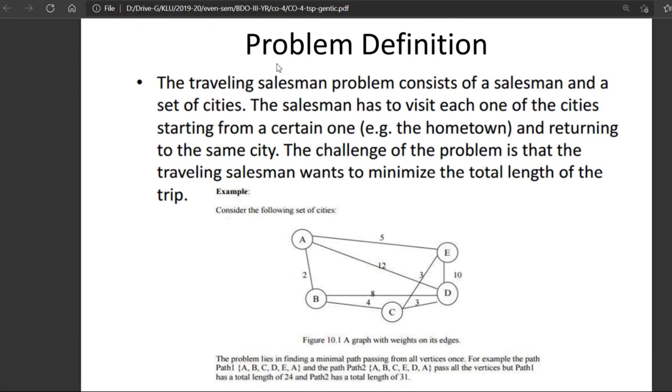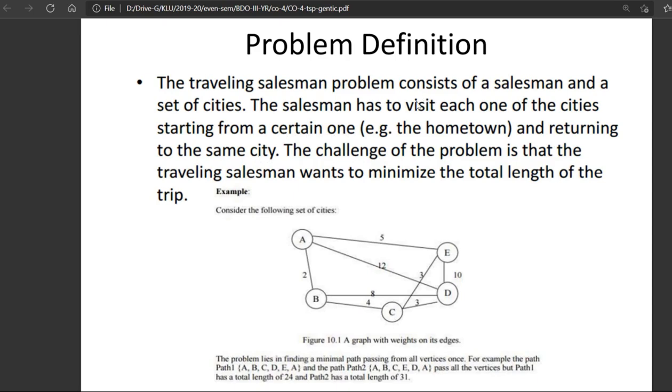So let us define the problem. The salesman has to visit each one of the cities, starting from a certain one, the hometown, and again returning to the same town.